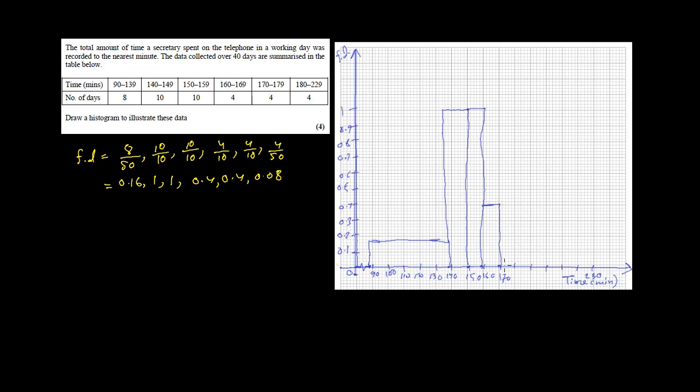Then 179.5, which is 180, and this is also 0.4. Then we have this 229.5, close to this. This is 0.08, which is going to be less than 1. So this is the histogram.